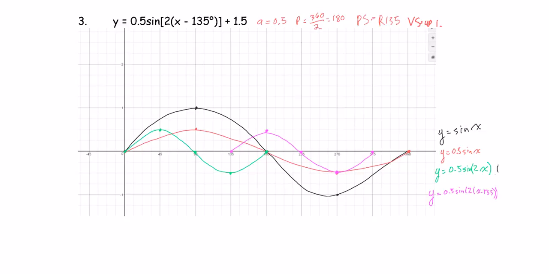The last thing we have to do is show what our vertical shift is. And our final graph I'm going to do in blue. And we're going to have the following. Y is equal to 0.5 sine of 2x minus 135, plus 0.5.